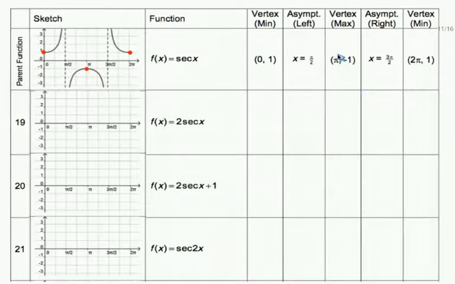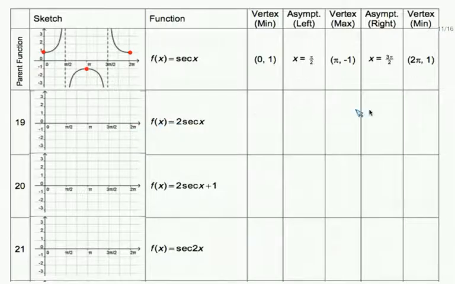All right, so now this is a little bit different because we're going to have our vertex or our minimum point here, then an asymptote, then our maximum point here, and then another asymptote, and then another minimum point here. Okay, so these are the standard locations, and then we just go through each transformation to see what happens to them.